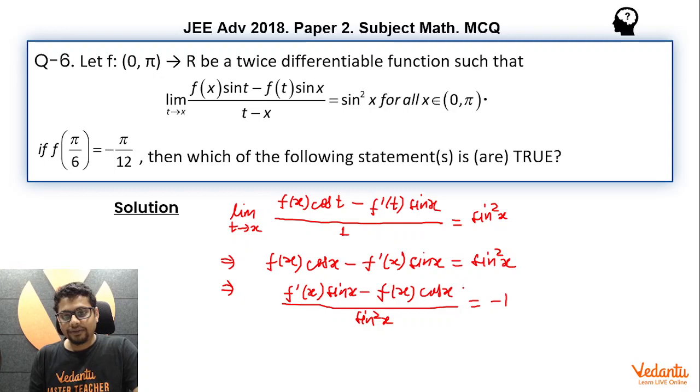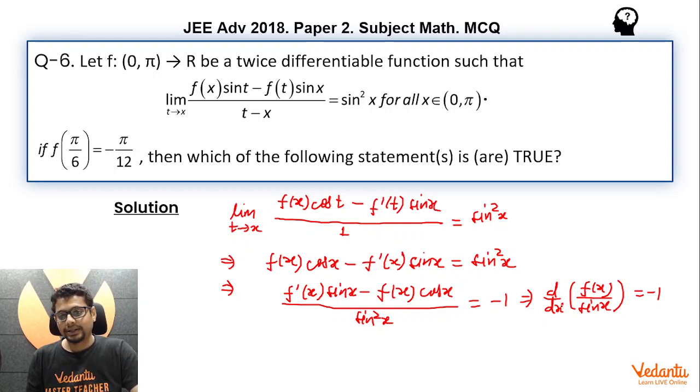And if you see this carefully, this essentially becomes d by dx of f of x by sin x equal to minus 1. So using quotient rule, you can easily check that d by dx of f x by sin x is essentially f prime x sin x minus f x cos x divided by sin square x.